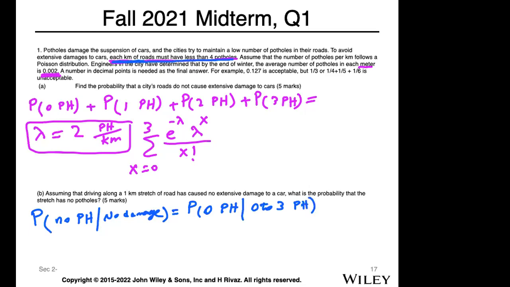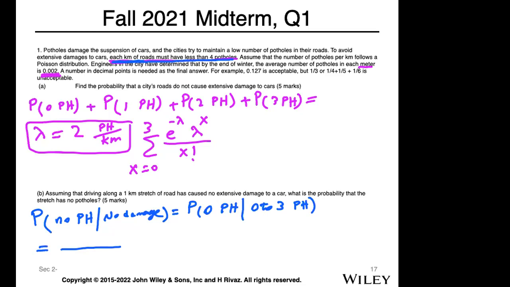So I have to calculate the probability that I have 0 potholes, given that I already know the number of potholes is from 0 to 3. Because if there was no damage, I can't have 4 or 5 potholes.